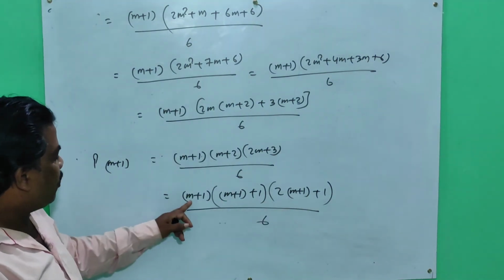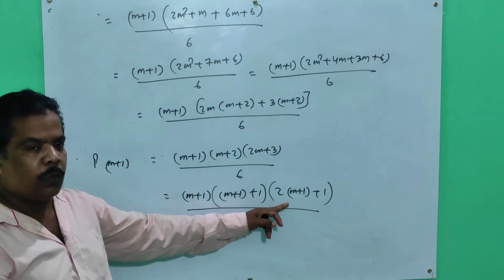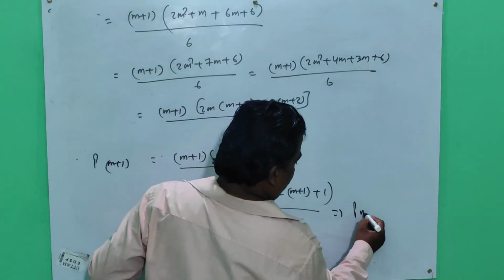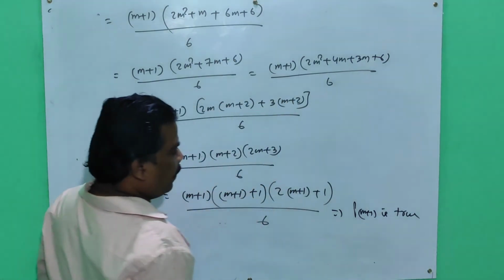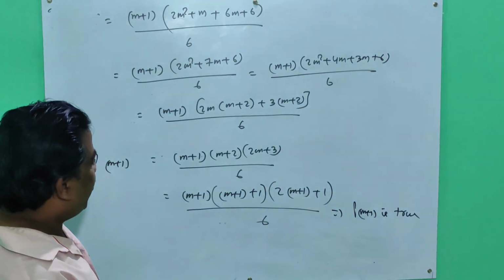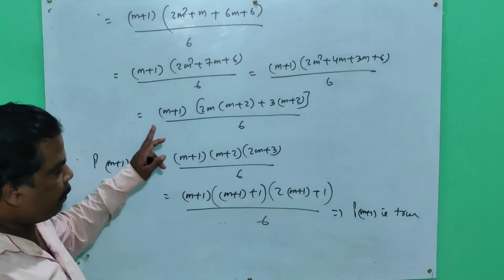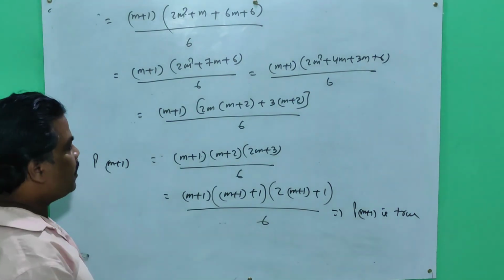So when n is equal to m plus 1, it is also in the form n into (n+1) into (2n+1) by 6. This implies P(m+1) is true. Now P(m+1) is true whenever Pm is true. As P(m+1) is true whenever Pm is true, then by the method of induction Pn is true.